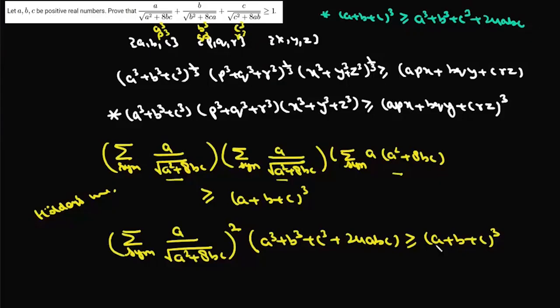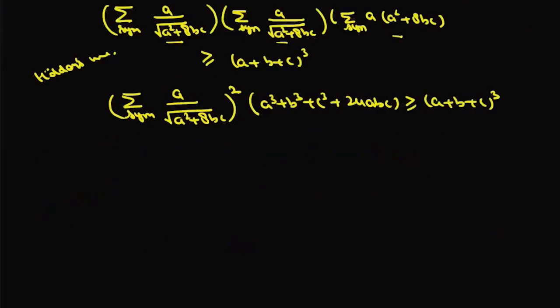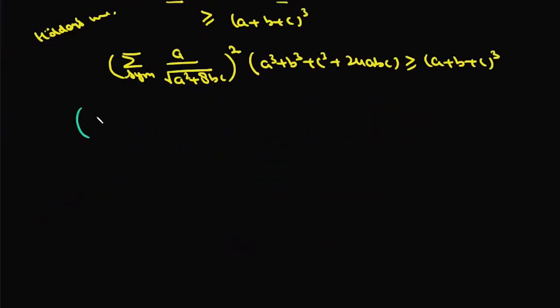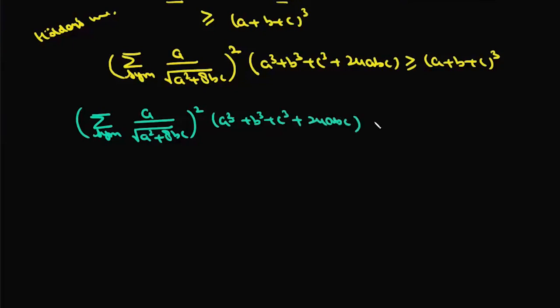Now using this result here, we can write this symmetric sum of a upon under root of a square plus 8bc, whole square, into (a cube plus b cube plus c cube plus 24abc) will be greater than or equal to a cube plus b cube plus c cube plus 24abc.